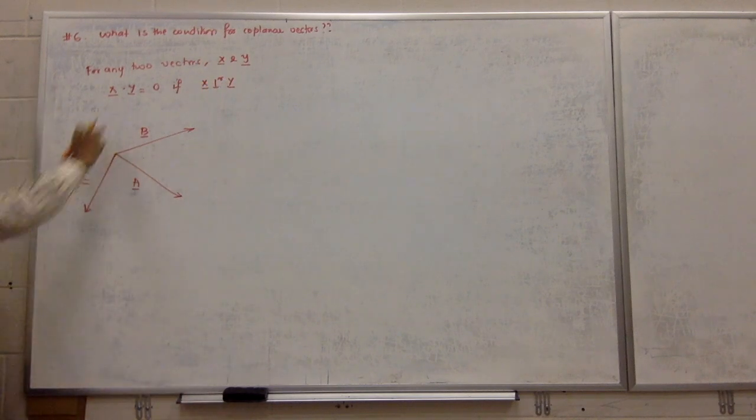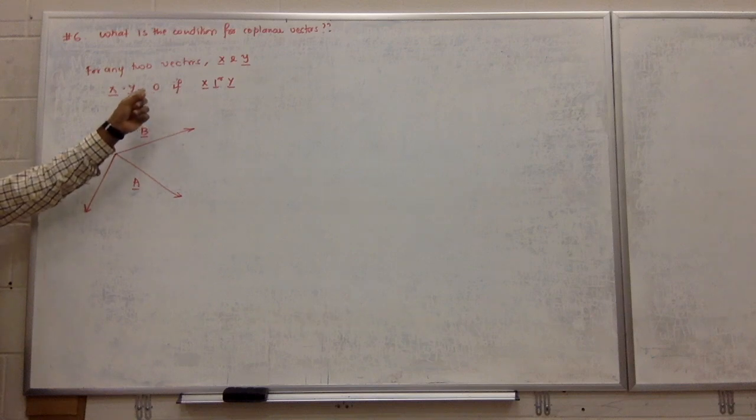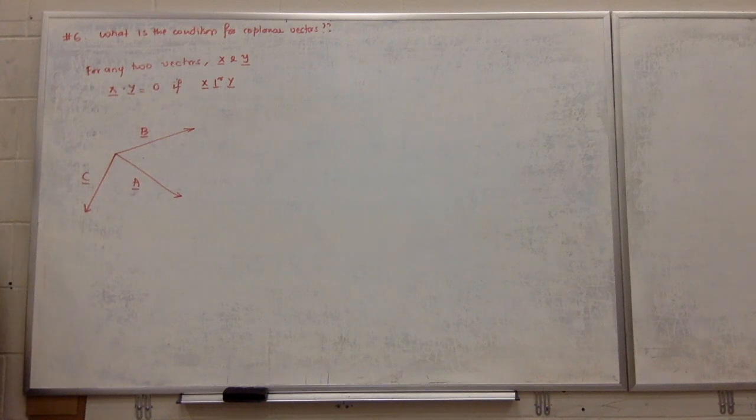Because look at the definition of x dot y. What is the definition of x dot y? |x||y| cosine theta. Right. So what is theta? The angle between the two vectors x and y. What is cosine 90? 0. So when x and y are perpendicular, theta is 90 and cosine theta is 0. So x dot y becomes 0.